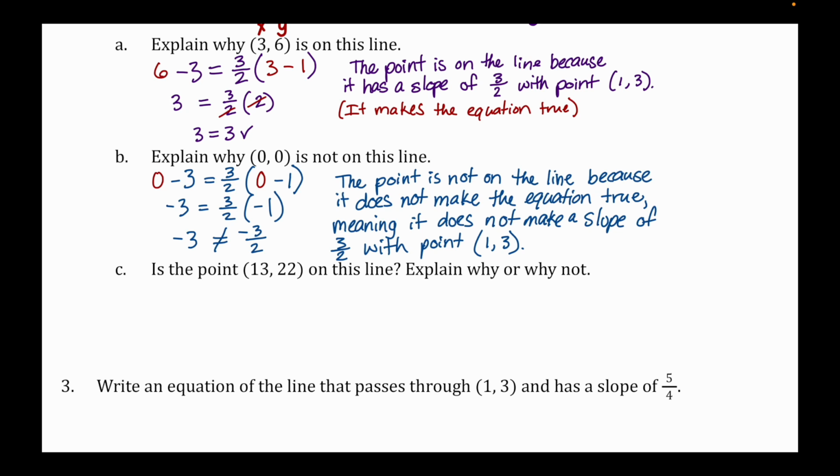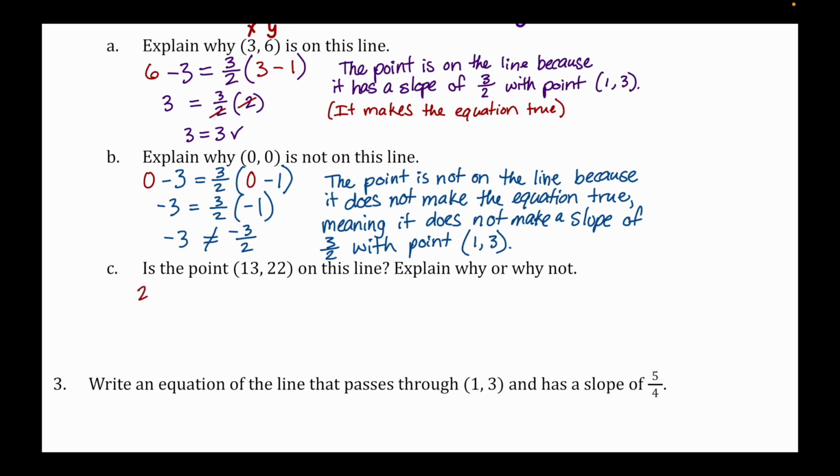Not going to be quite sure whether or not it's going to be on the line because they don't tell us, but we're going to do that the same way. So we're going to start with y minus k. 22 is going to be minus 3, and then 3/2, and then here we should have 13 minus 1.